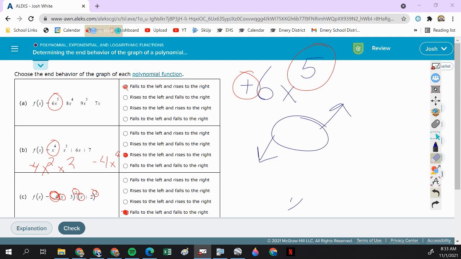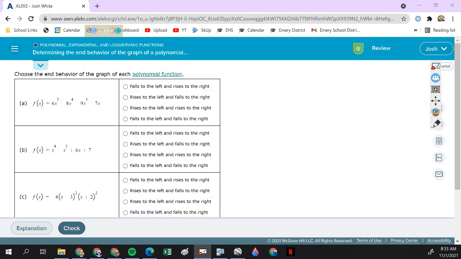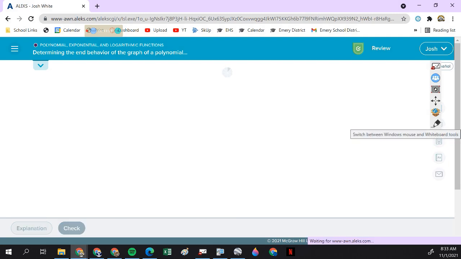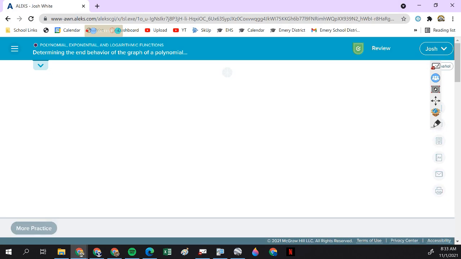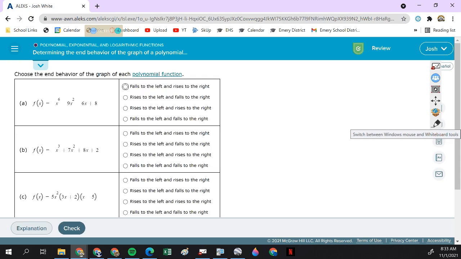All right, let's do another one of those. First one, negative x to the 6th. What is negative x to the 6th going to look like?